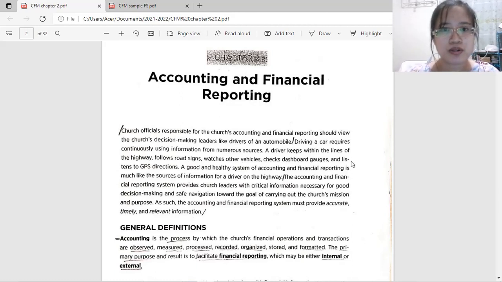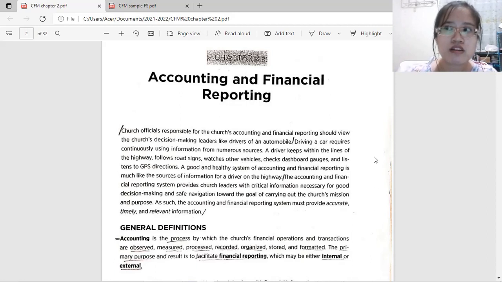Okay, so moving forward, Chapter 2, accounting and financial reporting. Essentially, this is the main point of the subject: to teach you the basics of accounting and financial reporting so that you'd be able to understand and read the financial reports given to you.